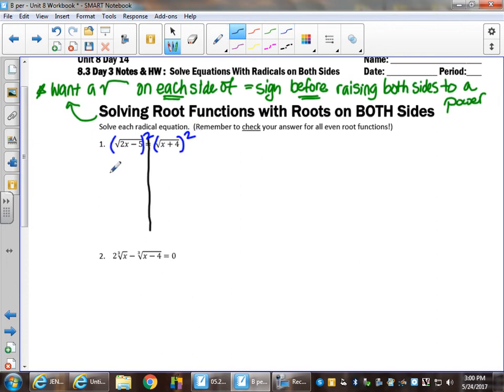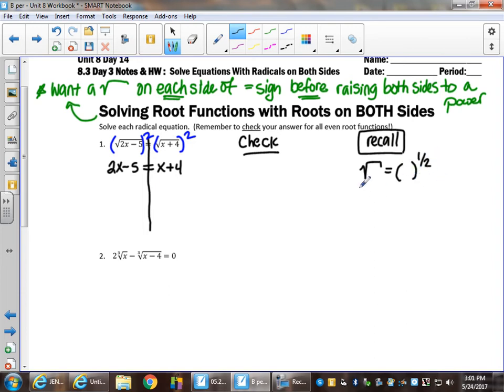When we do that, we have 2x minus 5 equals x plus 4. We will be doing a check here, so I'm just going to make a space for that. I'm also going to put a little note here as a reminder why we do that. Remember that square root is the same as raising something to the 1/2 power.